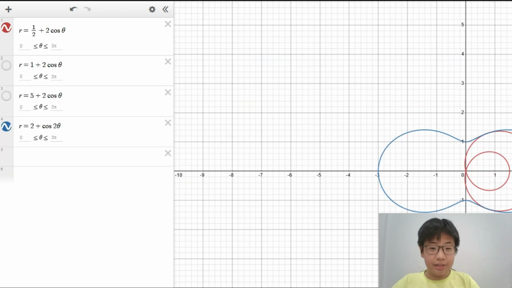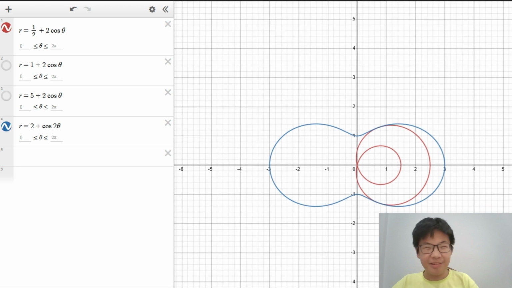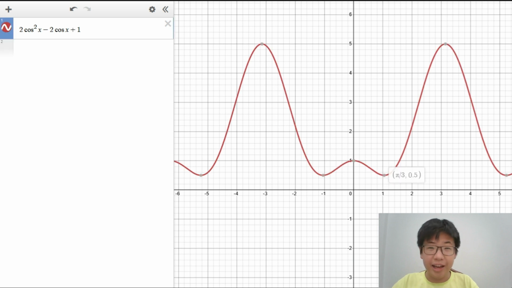Sketch the curves. Well, as a matter of fact, I have actually sketched them out for you, and r equals half plus 2 cos theta. Great, so how are we gonna solve this? Should these curves meet when this? So now we look at half now.